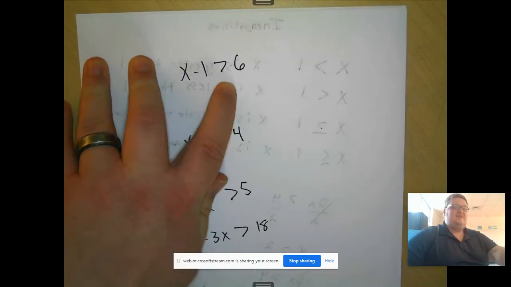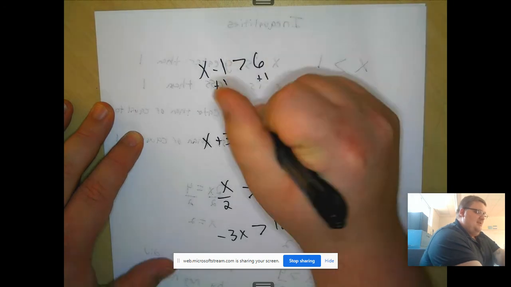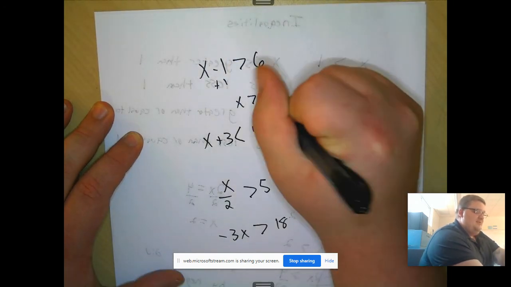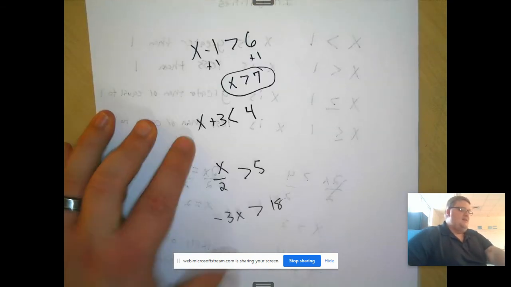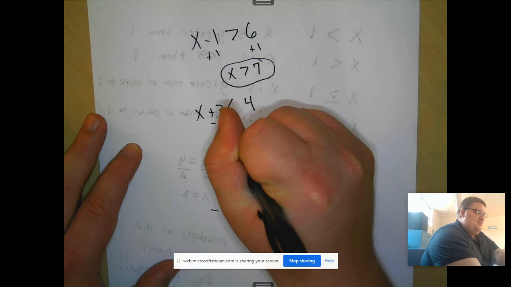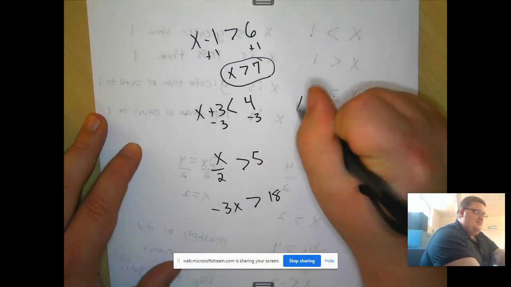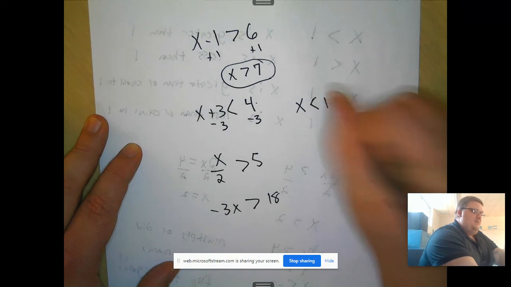X minus 1 is greater than 6. All you have to do is add 1 on both sides, and you get x is greater than 6 plus 1, which is 7. There's your statement. X plus 3 is less than 4. So you just subtract 3 on both sides, like you normally would. X is less than 4 minus 3, which is 1.